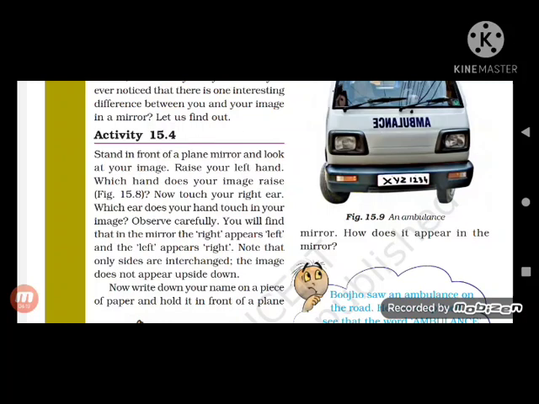If you are touching your right eye, then it will show the left. But it will not turn upside down. That means if you are standing in front of a mirror, it doesn't show your legs up and your head down. That will not show in the image. The image will change only sides.